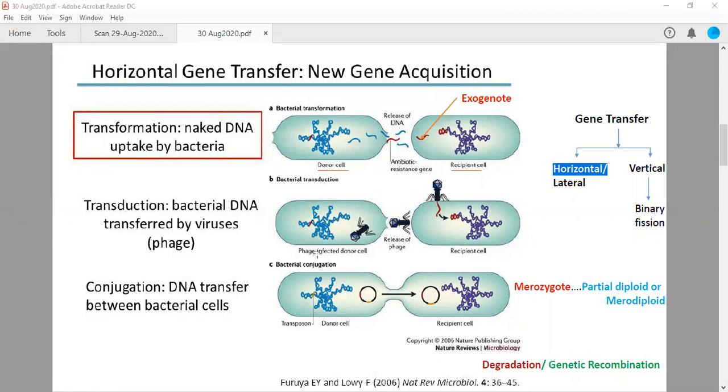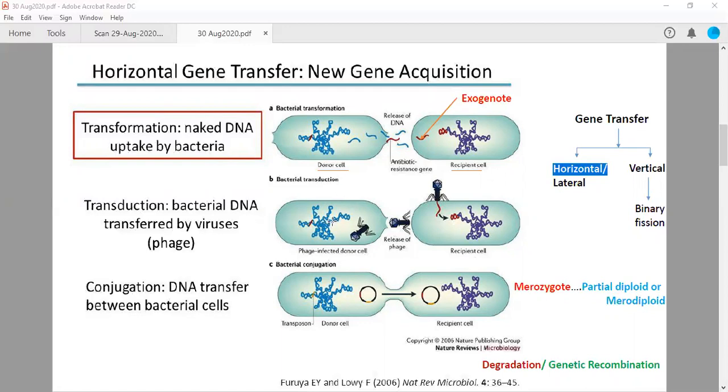So first it will infect some cell, then it will integrate some of its genes into the genome of the bacteriophage. When the same phage, after assembly, is released after the bacterial cell lysis, it will infect some other cell, called the recipient cell, and will integrate the gene which it has received from the previous bacterial cell.